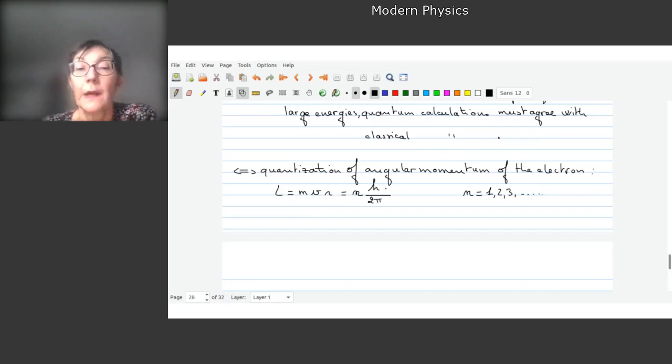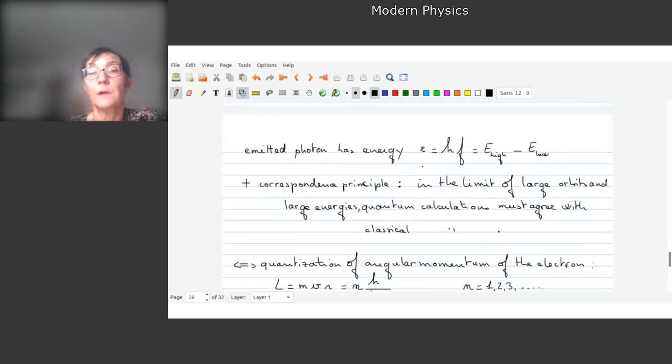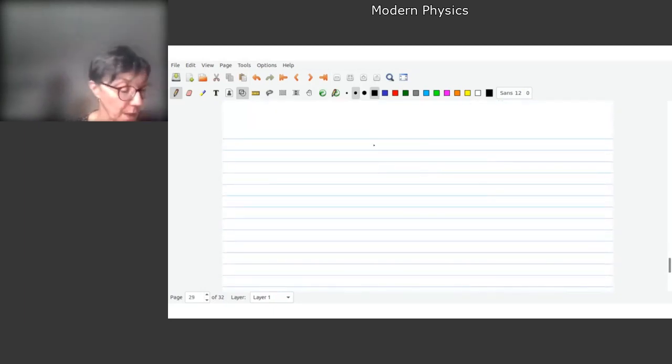We call h over 2 pi h bar, which is very used in quantum physics. And so with that, we can go on describing our system.